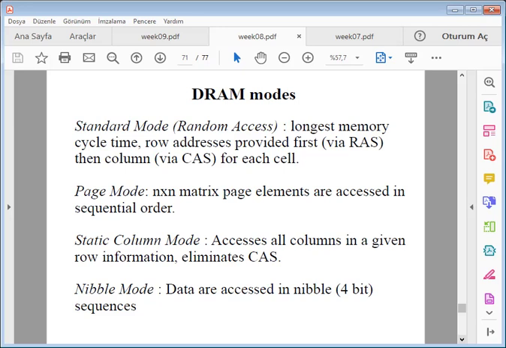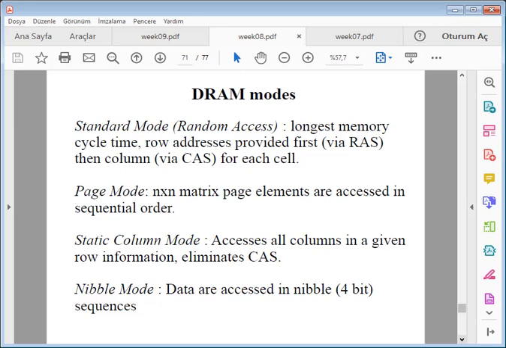But in order to mention a few items to be familiarized with today's type of memory chips, the standard mode of DRAM has some kind of random access type of operation, and there are registers according to the row or column access modes.